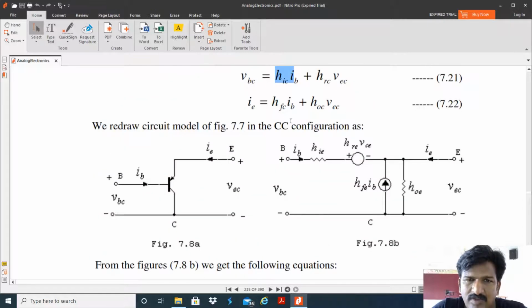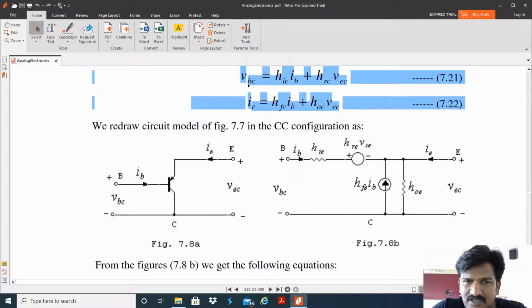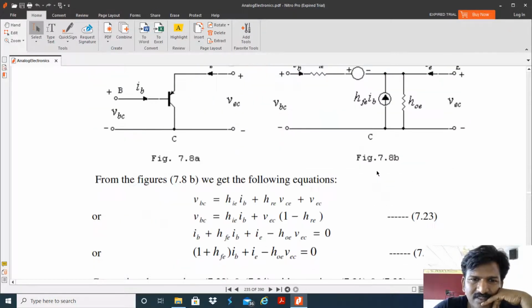Now you have to compare these equations. VBC is equal to HIC IB plus HRC VEC, equation 7.21. IE is equal to HFC IB plus HOC VEC, equation 7.22, with 7.23 and 7.24 respectively.